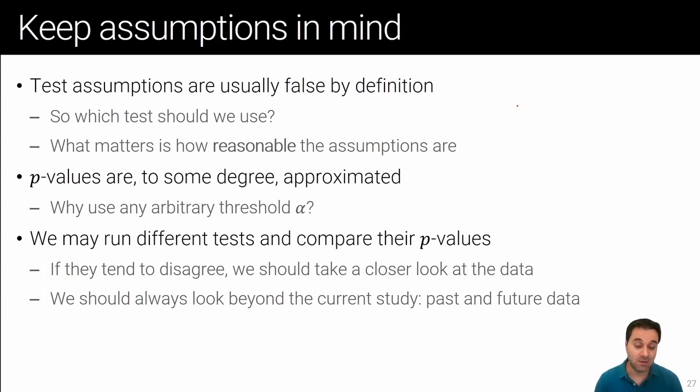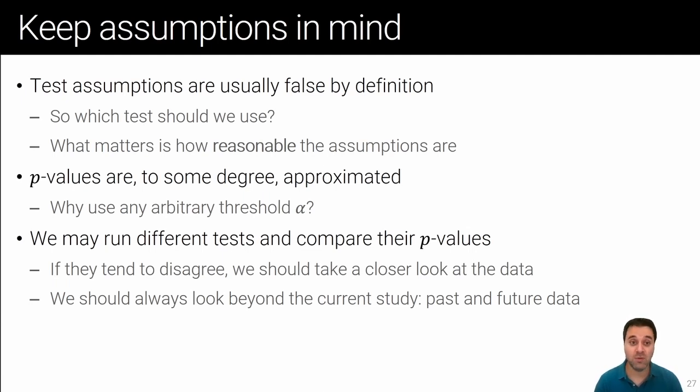The p-values are, to some degree, approximated because those assumptions are not met. So why use any arbitrary threshold alpha? Why use 5% or 1% if we know that to begin with, there is a certain amount of error in p? P is just estimated, so why be so picky about p being 5% or 5.02% or 4.9%?